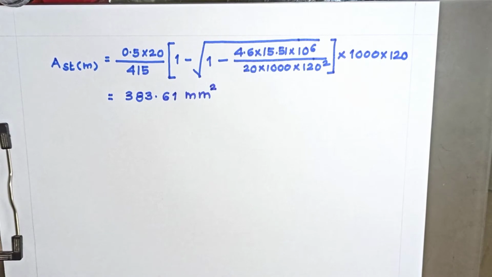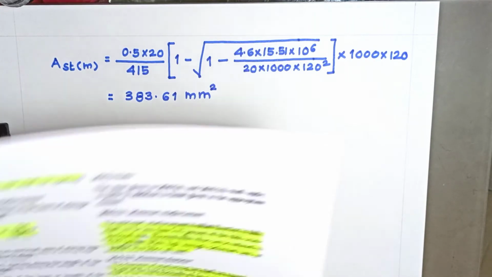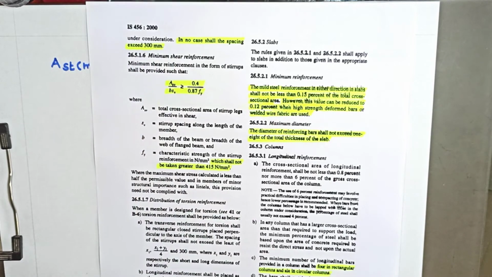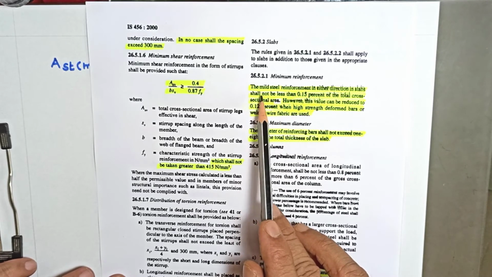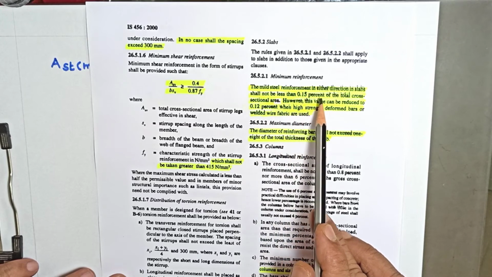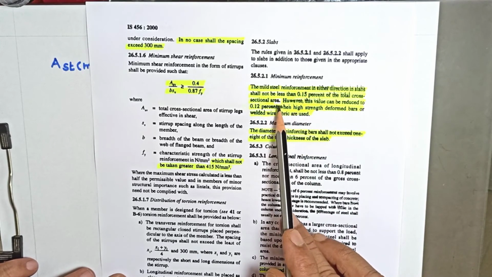Okay. Now, this area of steel which we have calculated shall not be less than the minimum area of steel. Now, what is the minimum area of steel? That is given on page number 48 of IS 456. So again see here IS 456 2000, minimum reinforcement. The main steel reinforcement in either direction in slab shall not be less than 0.15% of the total cross-sectional area.